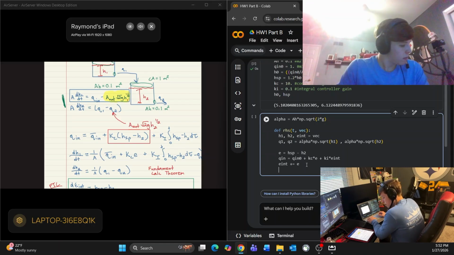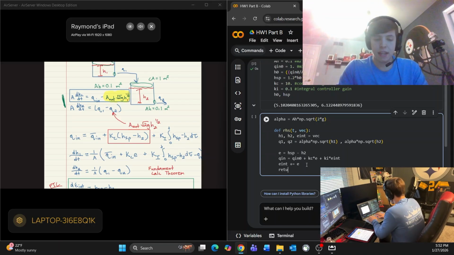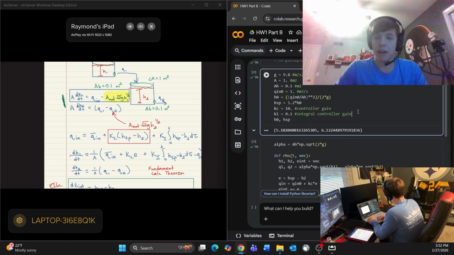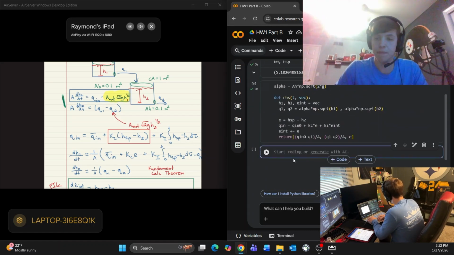So once we have that, moving on, we can then use our return command to show us the values we need, and this will be our Qin naught minus Q1 value, bracket that, divide that all by the cross-sectional area, and then we will do the same thing for our second equation, which will be Q1 minus Q2, all divided by A, and then we also want to output the error. So once we have that, we'll hit run. It all ran correctly. We'll double run just to make sure. So we see that it returns the values that we need.